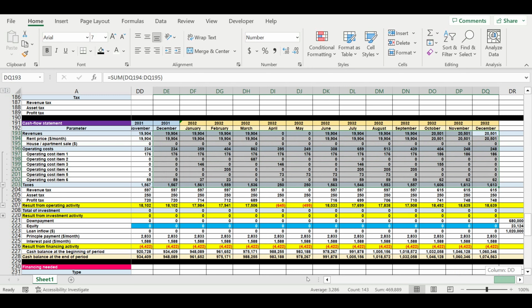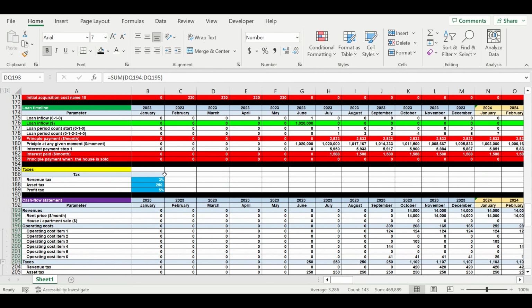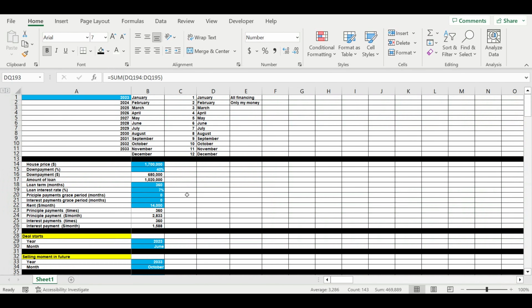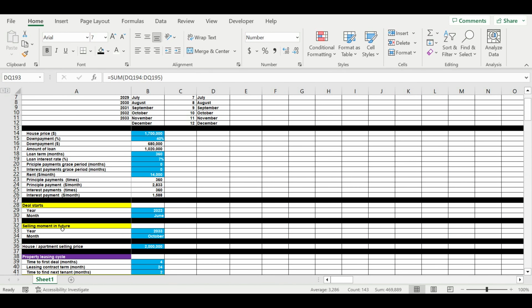But for example, if we want to sell, we can go up and we would like to sell the house, for example, in May 2029, and selling price will be, let's say, $3 million.